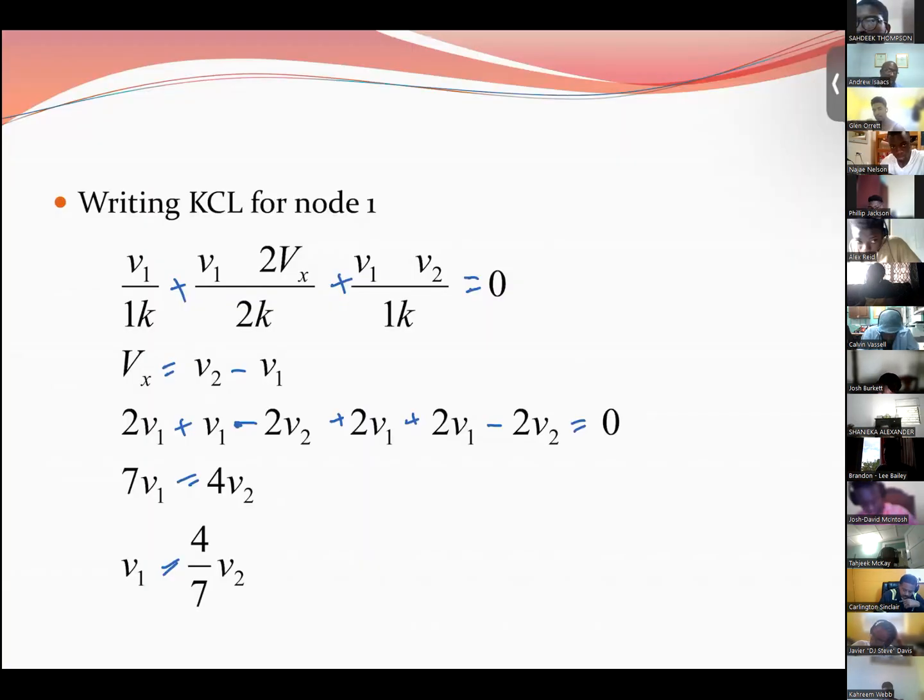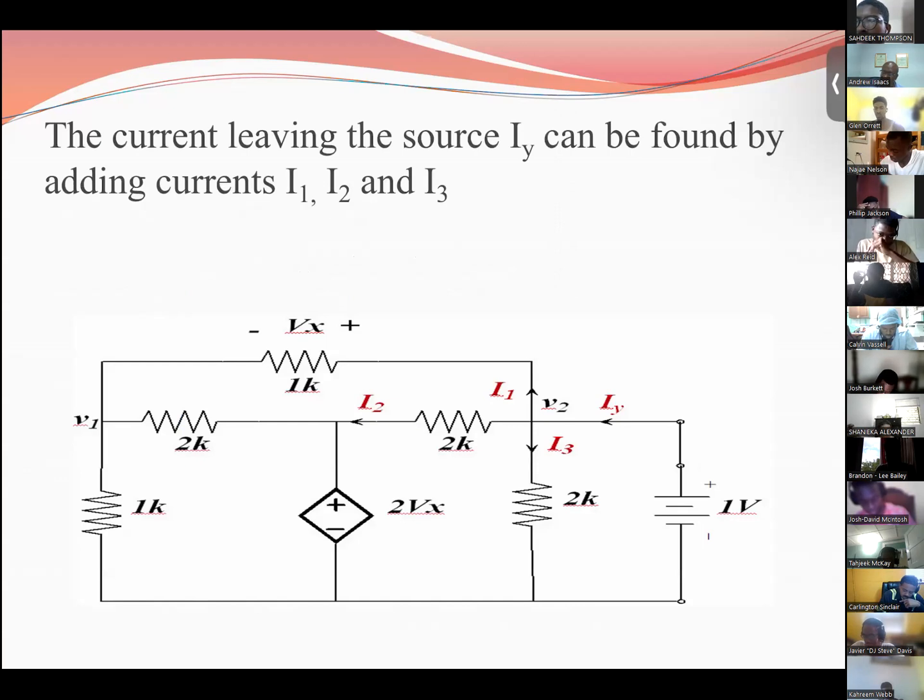So V1 is equal to 4 over 7 V2. But remember, what we're interested in is the current flowing from the 1 volt source.